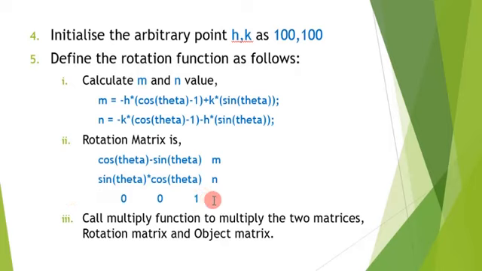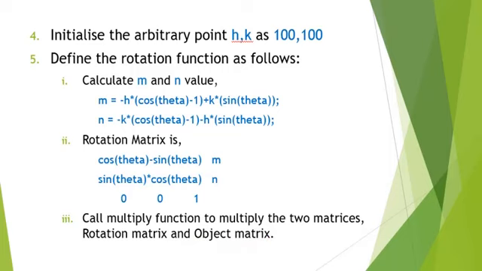Okay, now the third part in the fifth step is to call the multiply function. Why we are calling this multiply function here is to multiply the rotation matrix as well as the object matrix. Now here we are just calling the multiply function to multiply these two matrices, that is rotation matrix and object matrix, but we have not yet defined it, right?